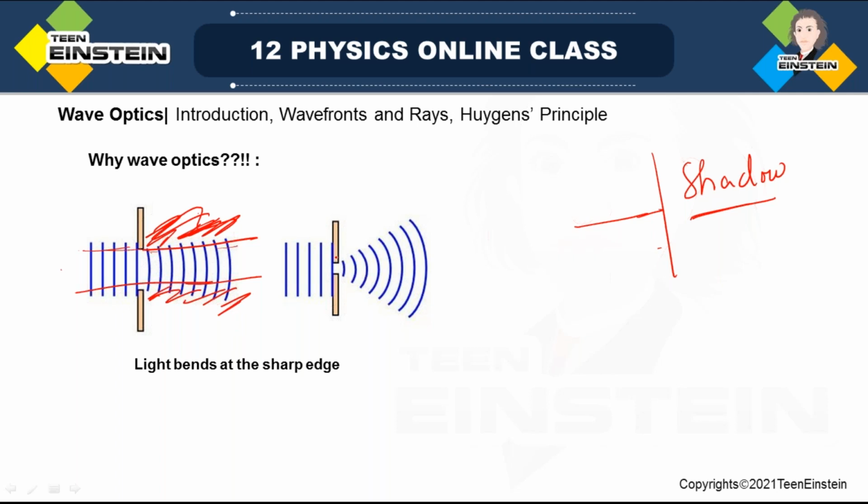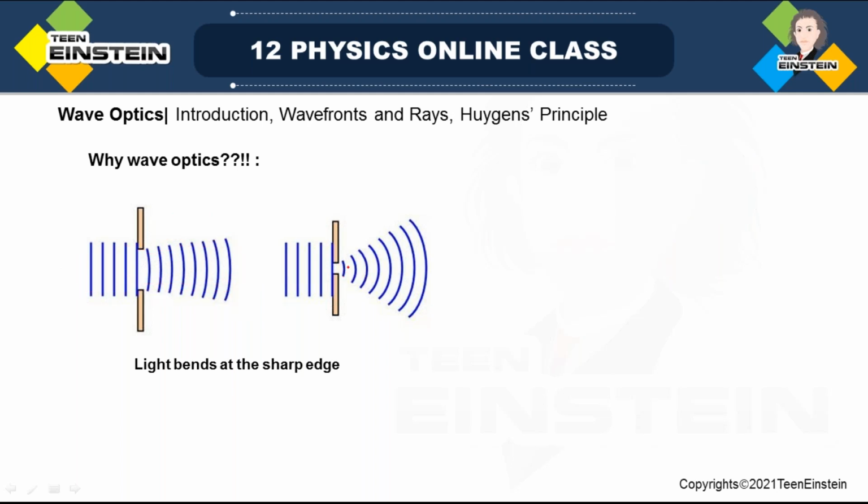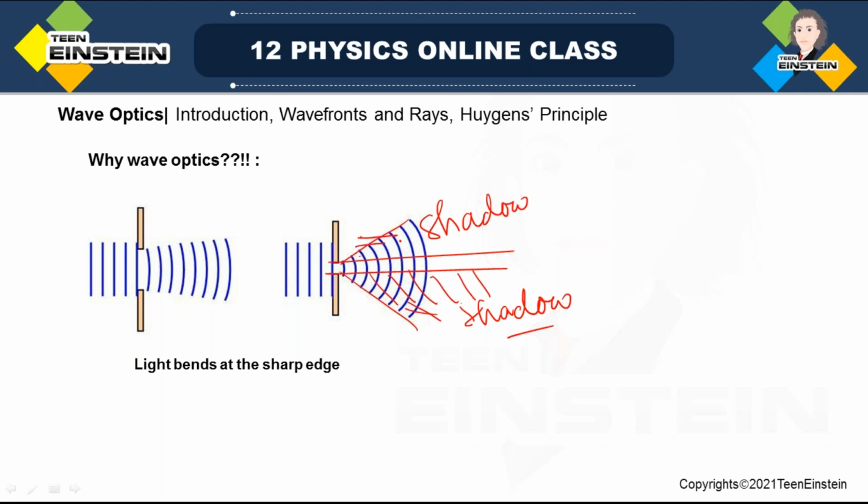But it is seen that if the hole in the cardboard is made very narrow, the light is diverging. It is bending and reaching the geometrical shadow region. According to ray optics, this should be shadow, but there is some light entering that shadow region, and there will be a dark and bright pattern.